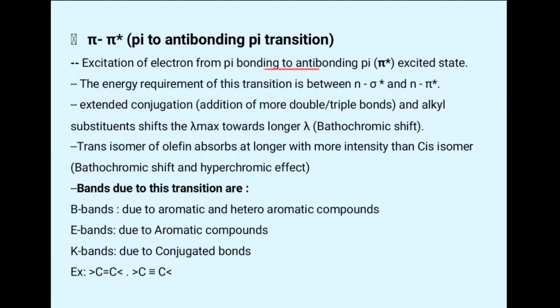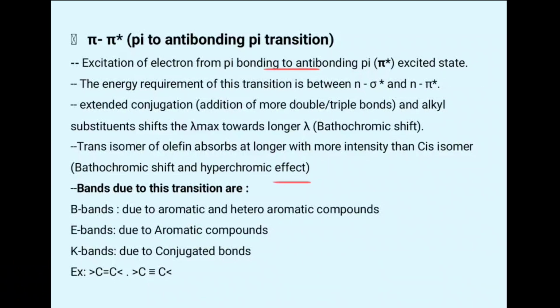Extended conjugation means addition of more bonds, that is double bond or triple bonds. And also, trans isomer of olefin absorbs at longer wavelength with more intensity than cis isomer. Longer wavelength is also called bathochromic shift and more intensity is called hyperchromic effect.